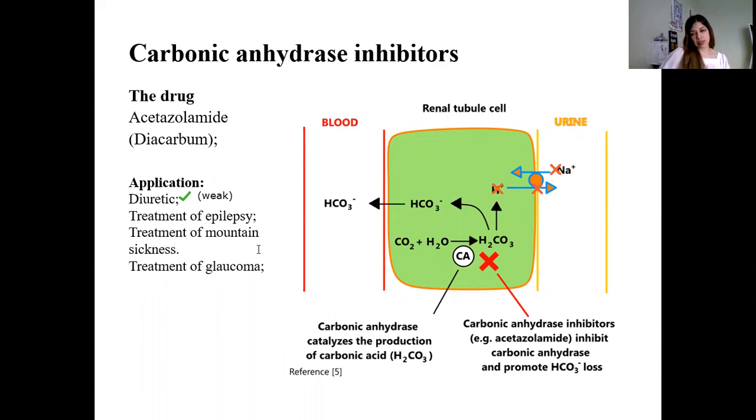Treatment of mountain sickness is due to less conversion of CO2 into carbonic acid, so more CO2 will stay in the form of CO2, and CO2 can stimulate our respiratory center. Yes, the humoral regulation of our respiration. And treatment of glaucoma, because in glaucoma, carbonic anhydrase also takes part in the formation of intraocular fluid.